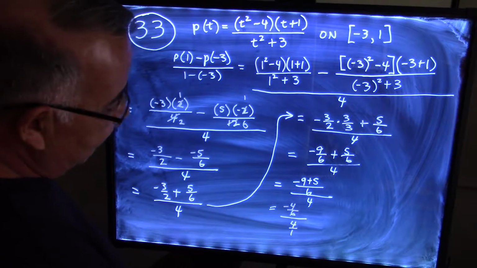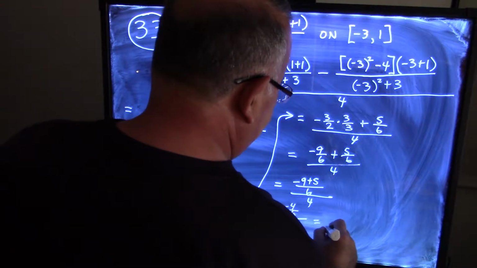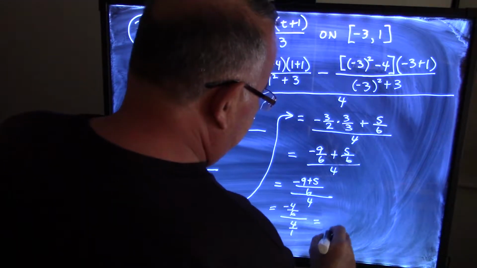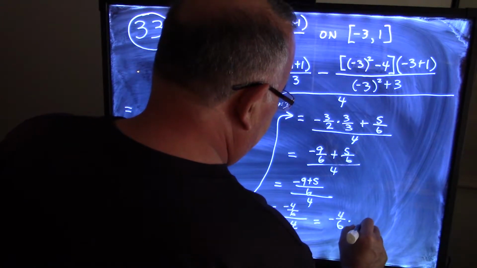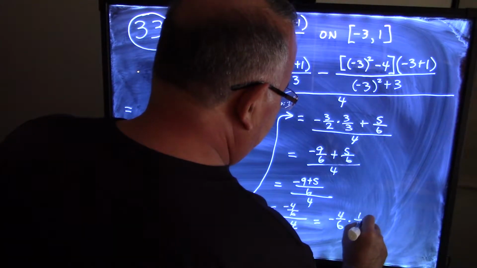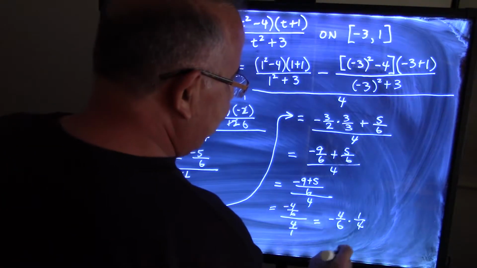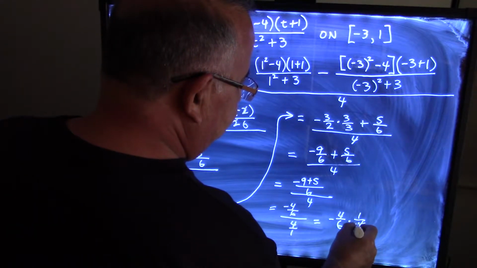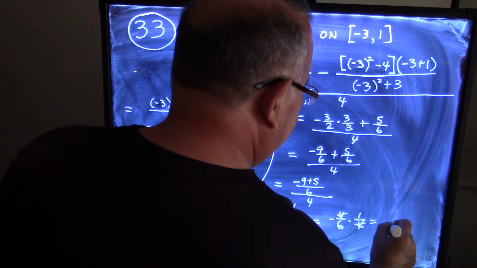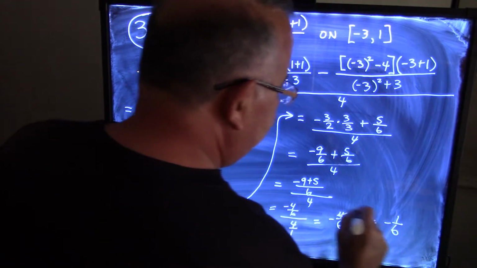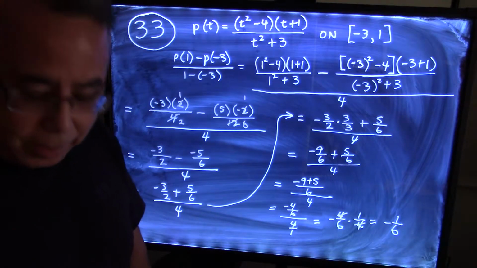That's 4 over 1 is 4. Flip the 4 over 1 over and multiply by the negative 4/6. Negative 4/6 times 1 over 4. You invert the bottom fraction and multiply by the top one when you do these complex fractions, and you can cancel the 4's out. So you get a negative 1/6. Negative 1/6. That's the answer. That's the exact answer.